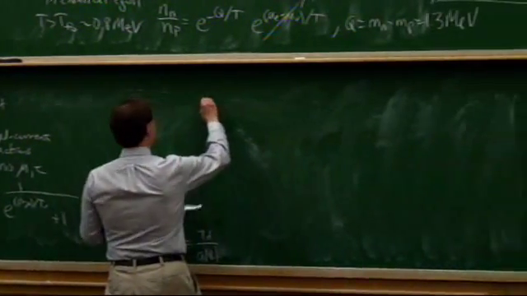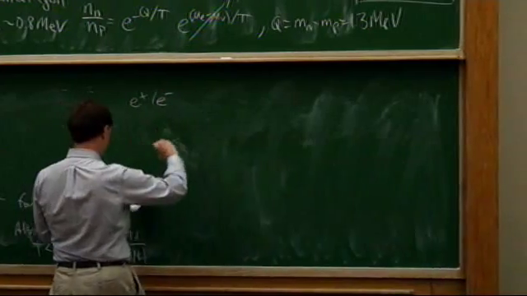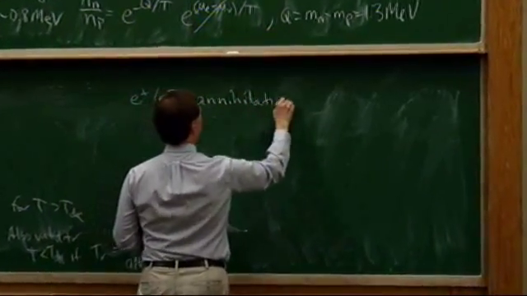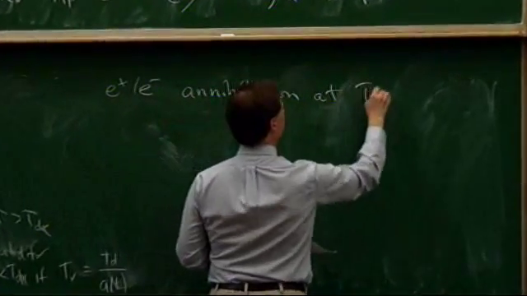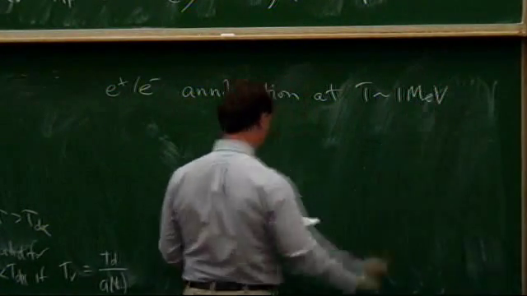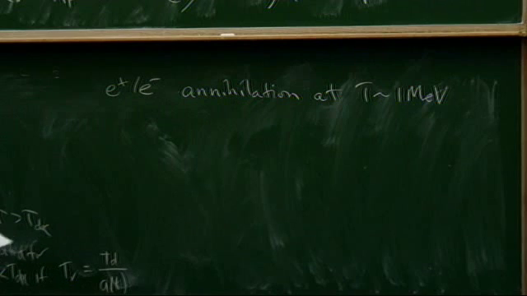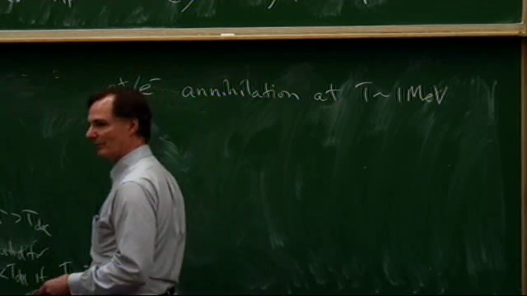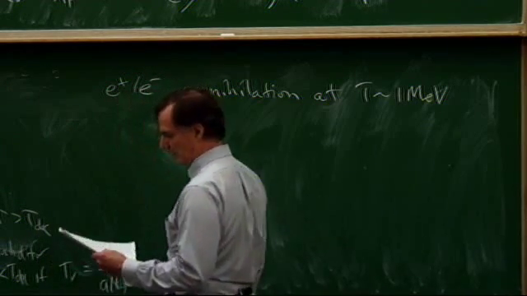Another important process, which we talked about a little bit, but there's one extra ingredient I want to state, is pair annihilation. Pair annihilation has a very important effect on the neutrino temperature relative to the photon temperature.